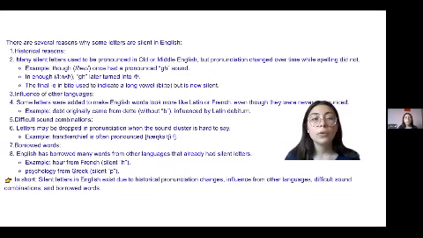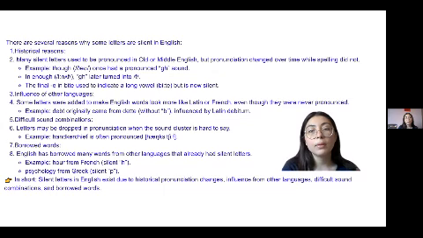And influence of other languages. Some letters were added to make English look more like Latin or French, even though they were never pronounced. Example, debt. Debt originally came from dette without B, influenced by Latin debitum.